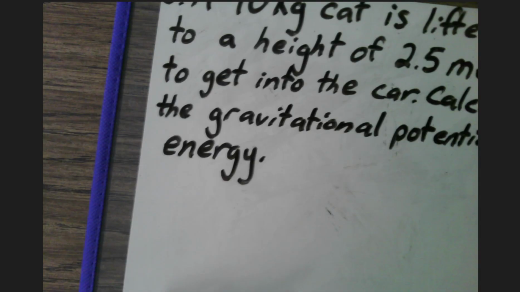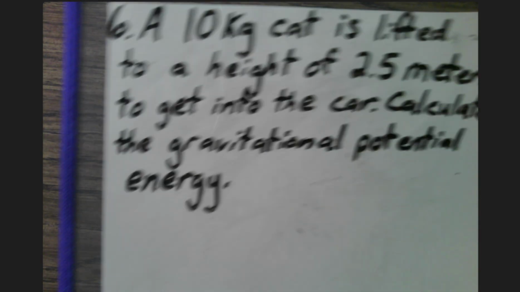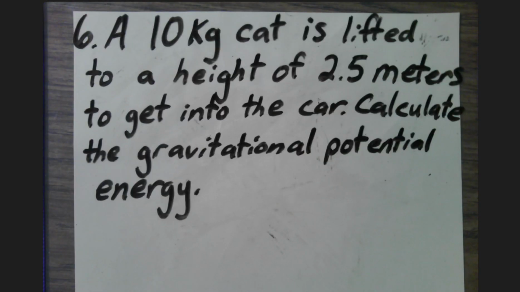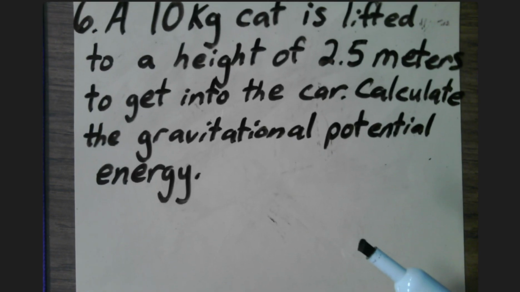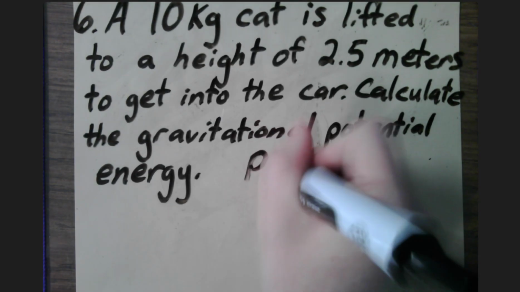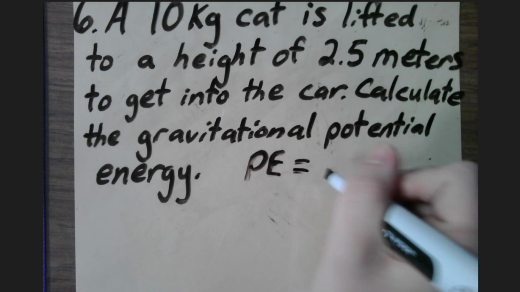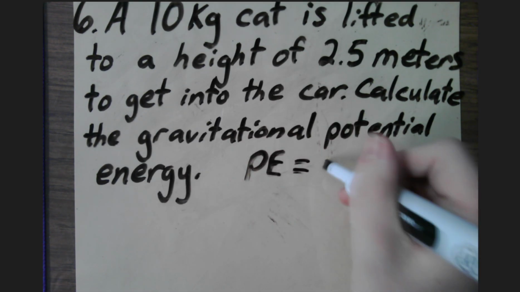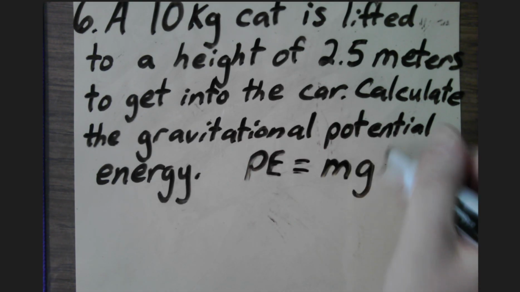Problem number 6. All right. A 10-kilogram cat is lifted to a height of 2.5 meters to get into the car. Calculate the gravitational potential energy. So let's first start with our formula. Potential energy is equal to mass times gravity times height.